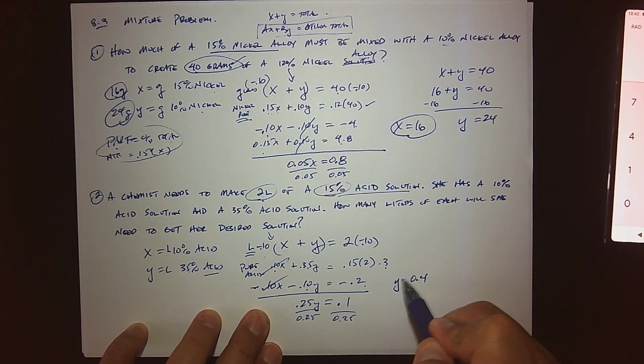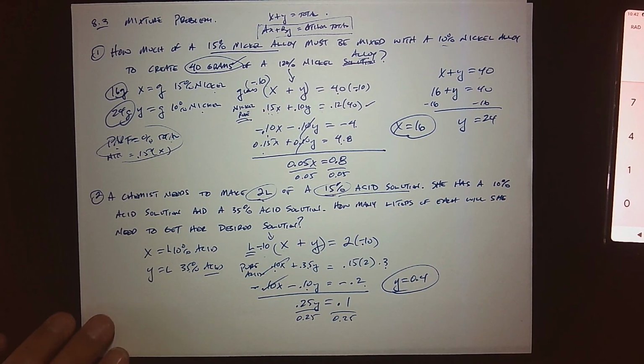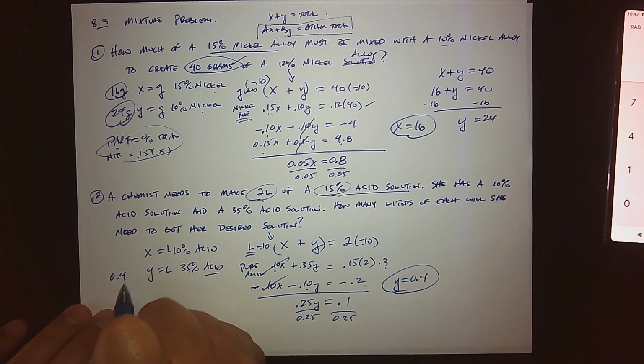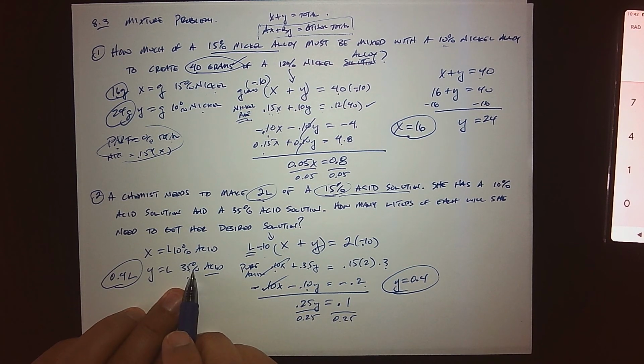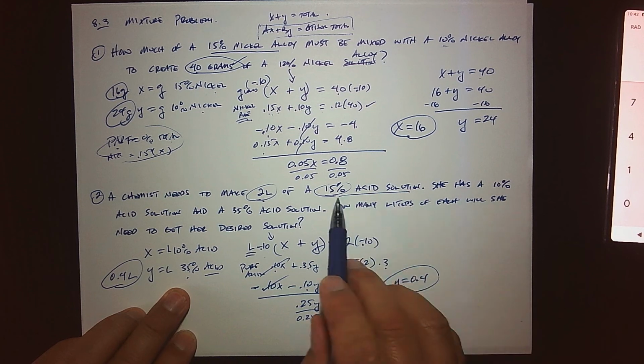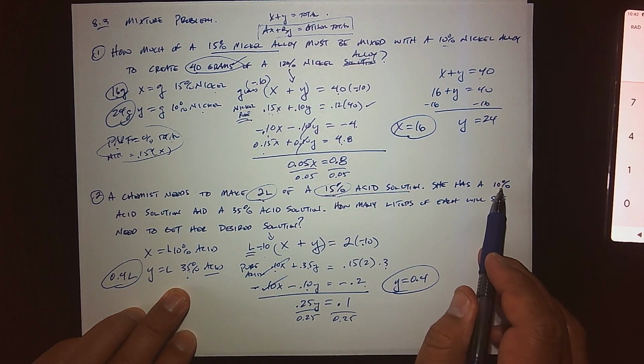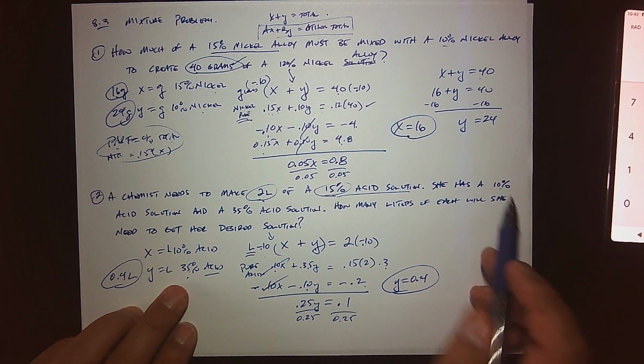So y equals 0.4. So we need 0.4 liters of the 35%. We knew it was going to be small because my final solution is 15%, and that's closer to 10. So we need much more 10%.